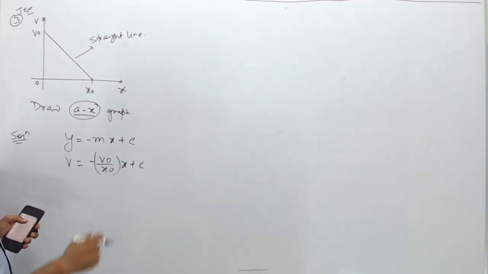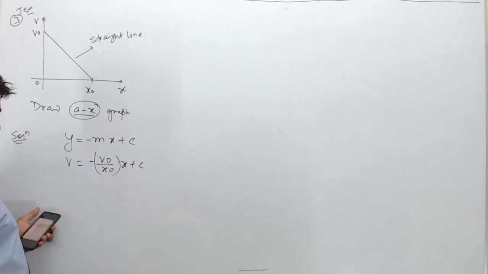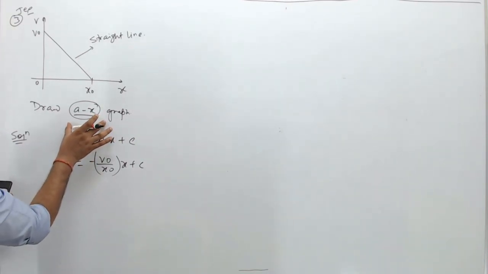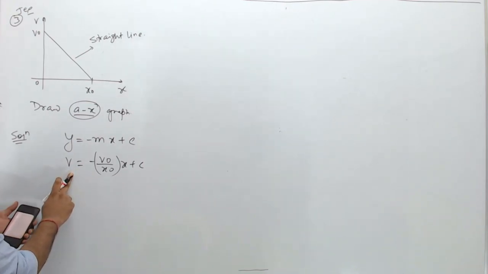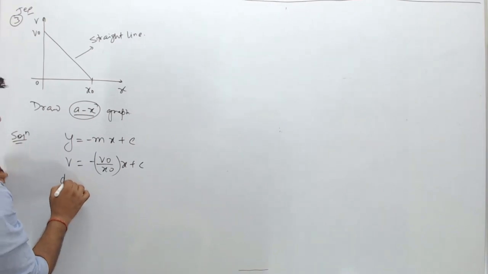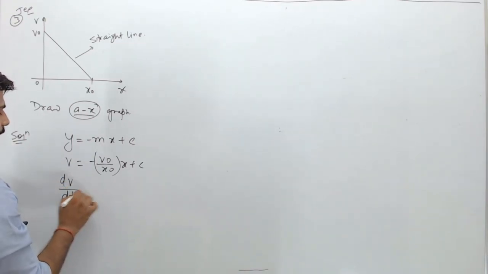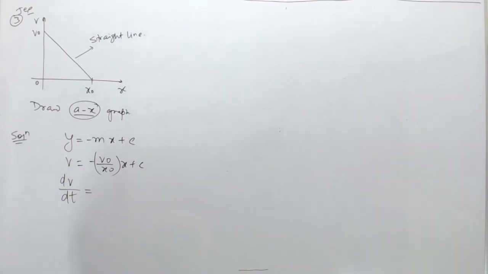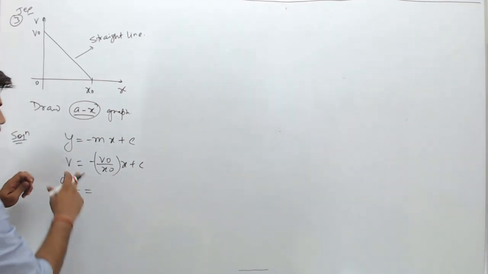What do we need? We need the acceleration. So can I just differentiate this with respect to t? So what we'll be getting? dv upon dt.